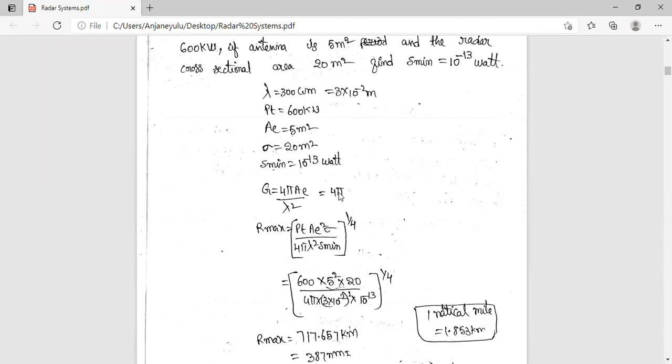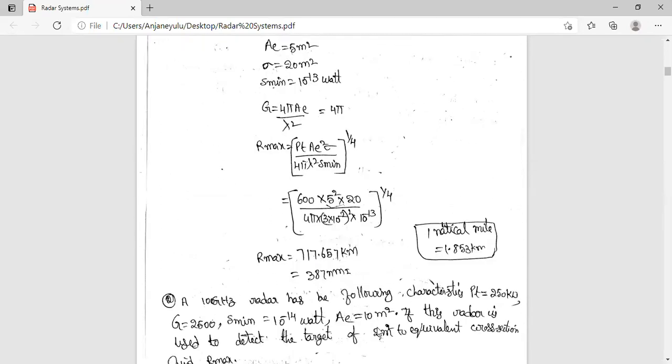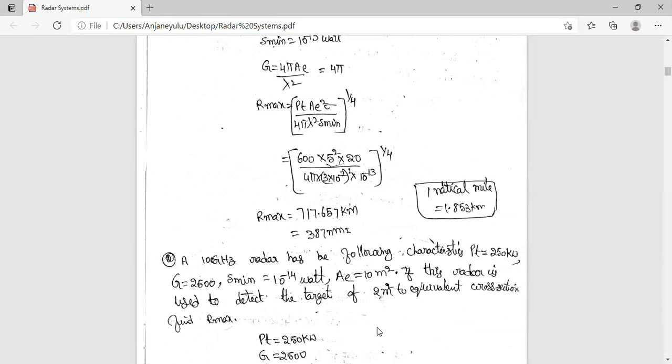Simply, transmitted power equals 600, Ae equals 5 meter square, sigma equals 20, lambda equals 3 into 10 power minus 2, and S minimum equals 10 power minus 13, whole power 1 by 4. So here we get R maximum equals 717.657 kilometers, where 1 nautical mile equals 1.853 kilometers.